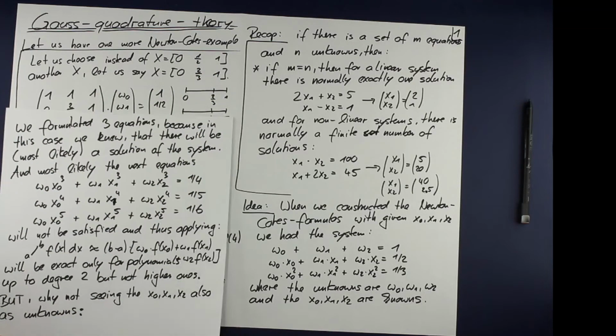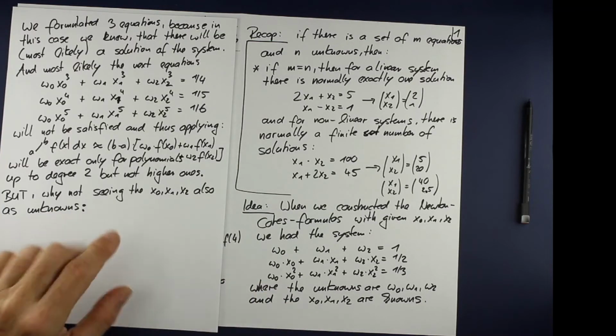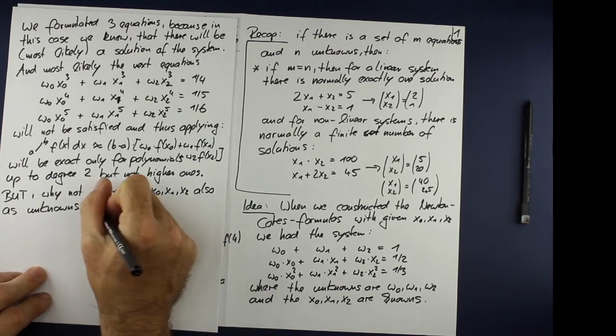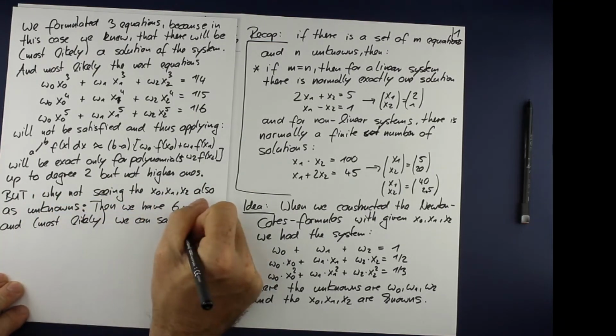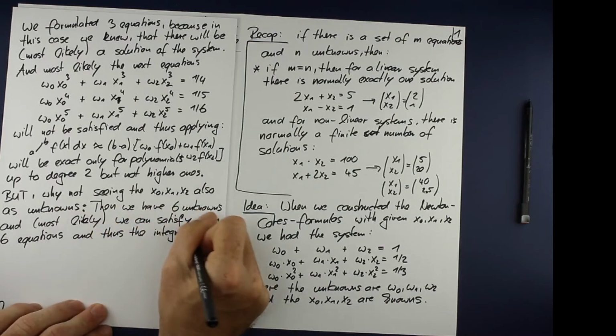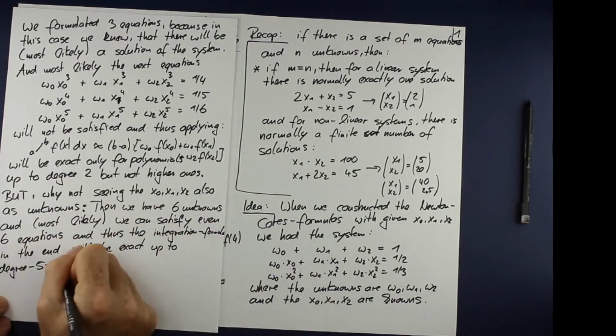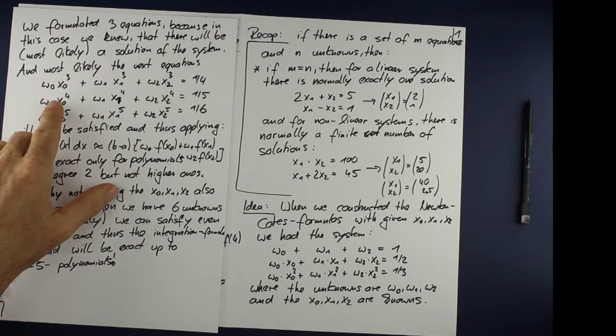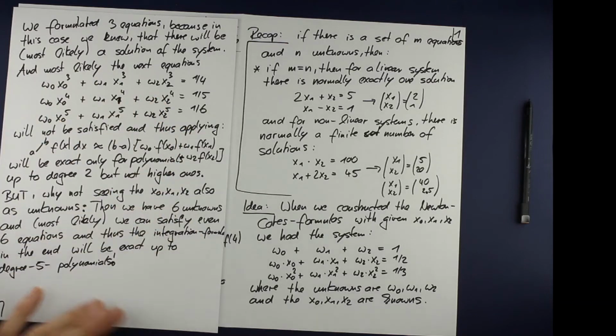So if we see the x positions also as unknowns, then the hope is we will get formulas which are exact up to degree 5.